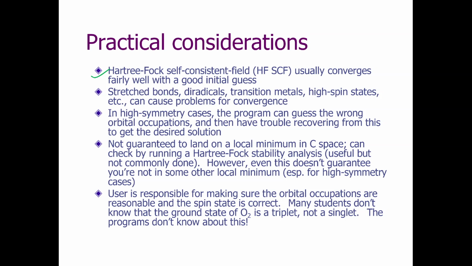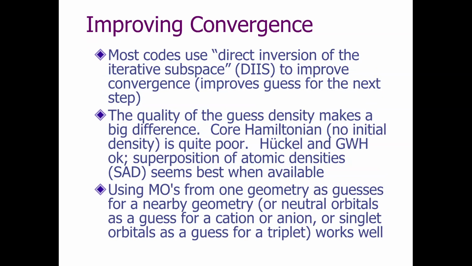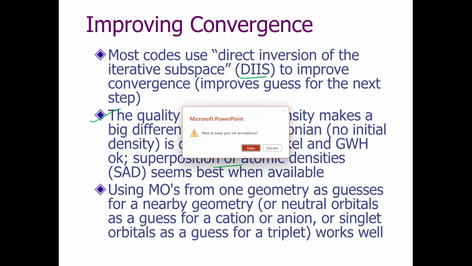The user is responsible for making sure the orbital occupations are reasonable and the spin state is correct, because O2 is a triplet, not a singlet, so it should converge to the triplet state. And there are very advanced techniques, direct DIIS and other things. In PySCF, they use a superposition of atomic densities and all this, but I should not go into this.